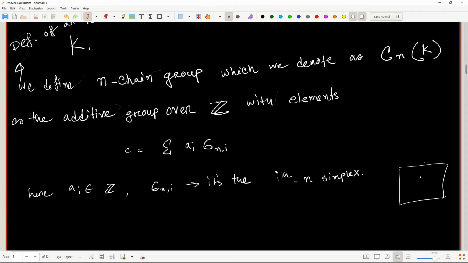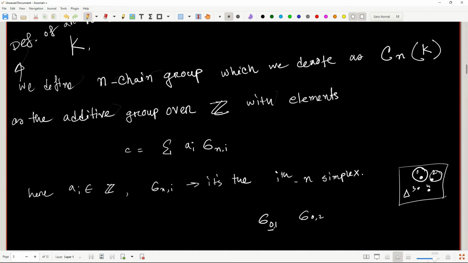The space has nothing to do with it, and inside the space I have like 1, 2, 3, 4 zero simplexes, right? So if I want to point out this simplex denoted by 1, I can write it as sigma_{0,1}. It means this is a zero simplex, and there is a comma, and there is 1. That means it's the first zeroth simplex. Similarly, if I want to indicate the second zeroth simplex, I can write it as sigma_{0,2}.